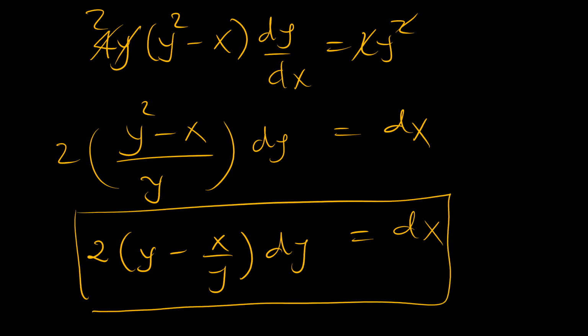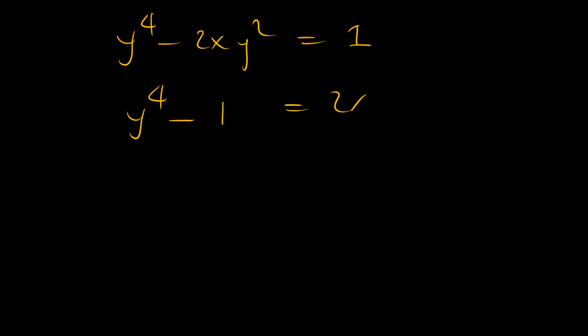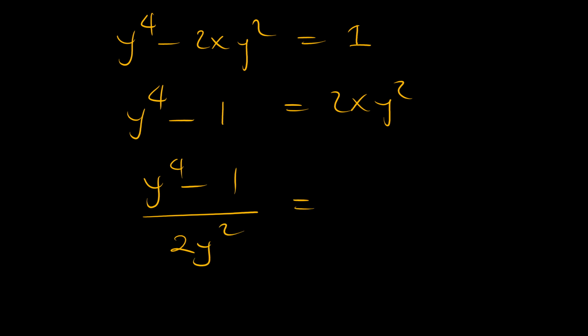Now we also need to figure out what x is, and since we had seen that y to the 4 minus 2xy squared equals 1, we can say y to the 4 minus 1 equals 2xy squared, and so x equals y squared minus 1 over y squared, all over 2.